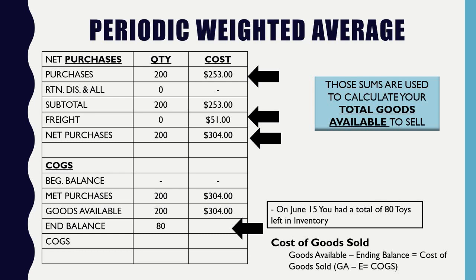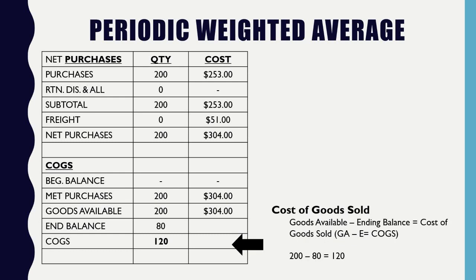Now, this is where it becomes so easy because at this point, you are going to be given either the ending balance or how much you sold, right? In this case, we've been seeing that we were given that 80 units were left over at the end of the accounting period, right? So in this case, all we have to do is solve for my cost of goods sold. Well, 200, right, and I have 80 remaining is going to give me 120.